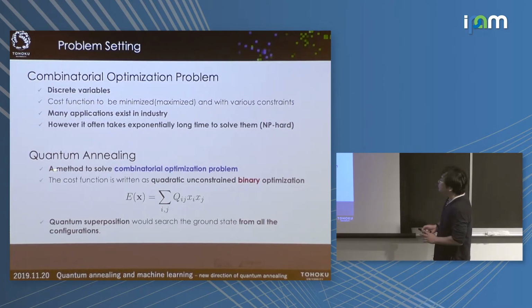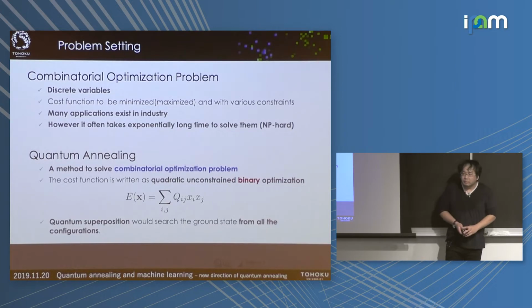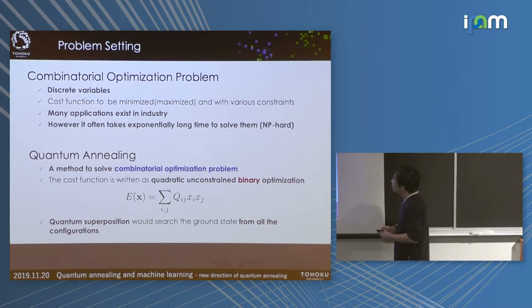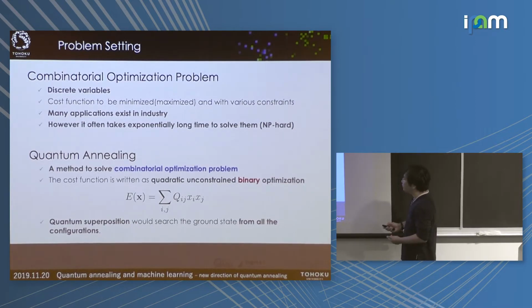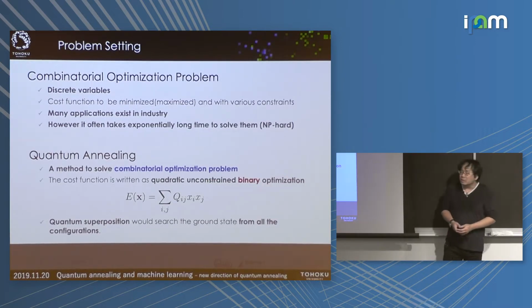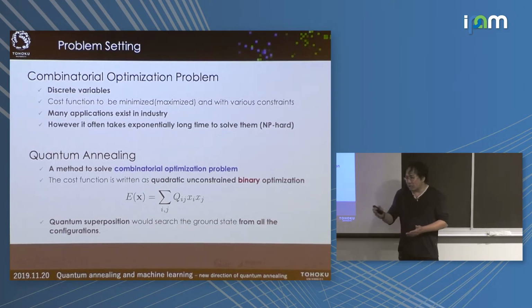Quantum annealing is now implemented by real hardware. Then the problem is restricted to be written as a quadratic unconstrained binary optimization problem. With a digital computer, which in some sense has wide capacity, we can write a program for any type of cost function and any type of constraints, and we can encode some algorithm into the digital computer.